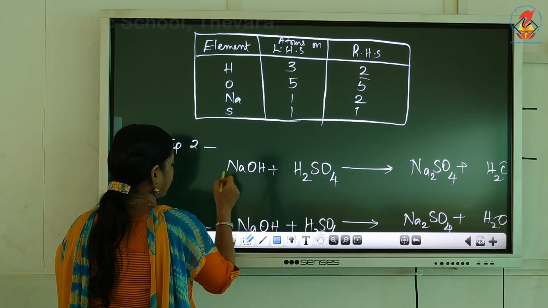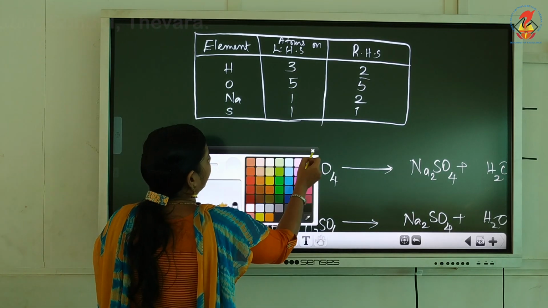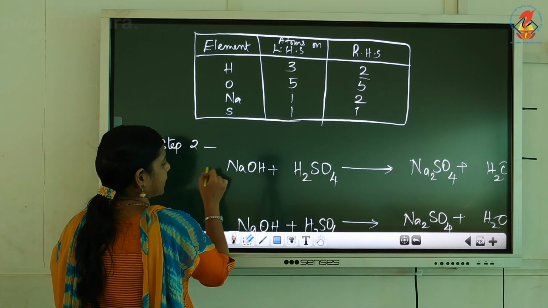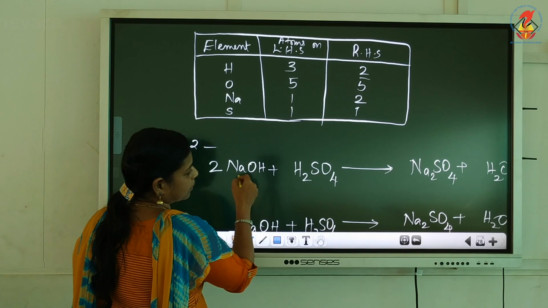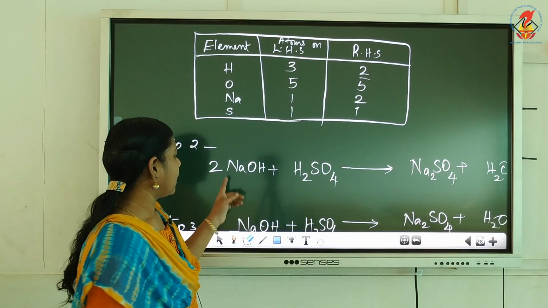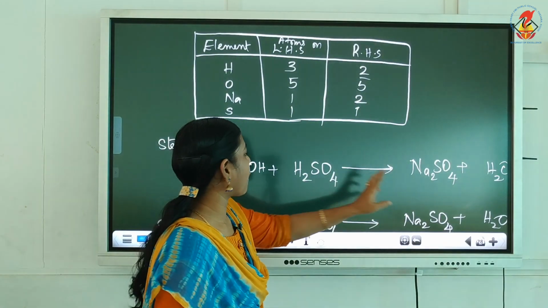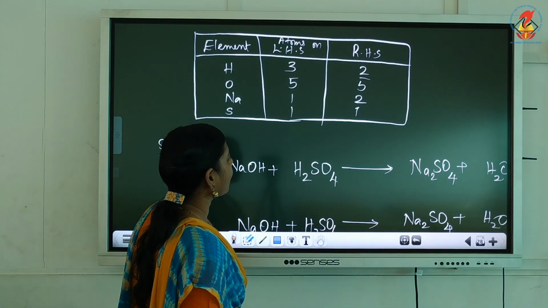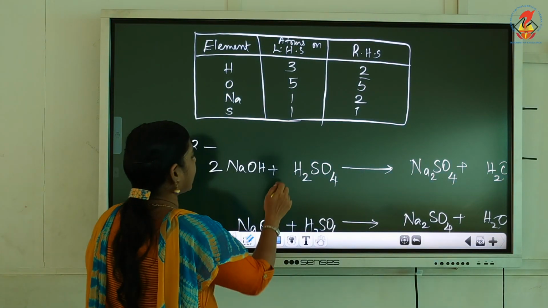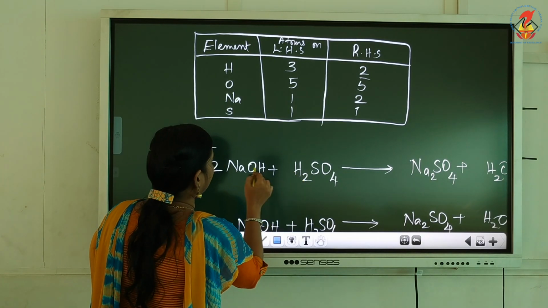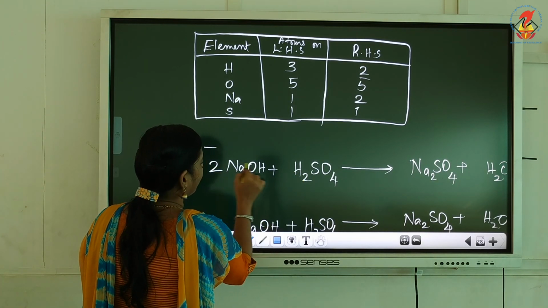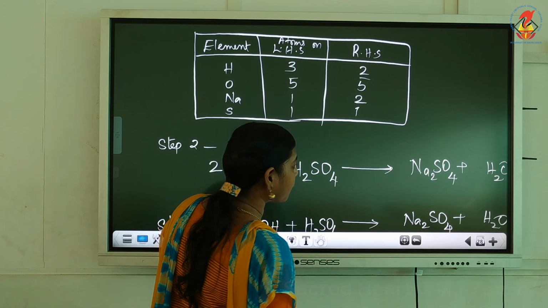Here it is 2 and here it is only 1. So we can multiply the left side by 2. So here also it will become 2 Na and Na2. So the number of sodium is equal on both sides. Okay. Then here hydrogen is 2 and here hydrogen is 2. So 2 plus 2, hydrogen 4.